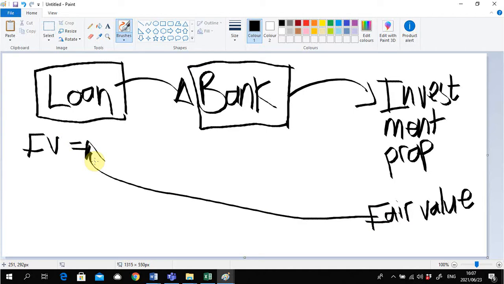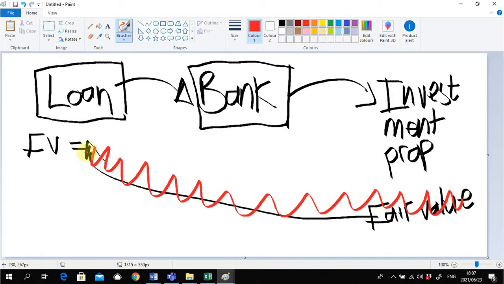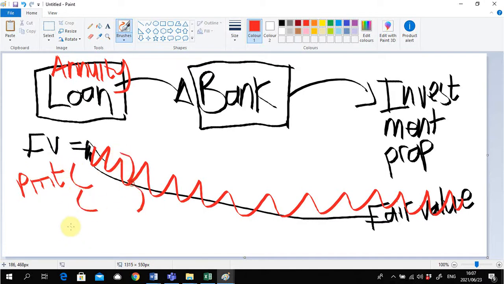This cannot be right, ladies and gents, because if I have a loan and I'm making payments, this loan is getting lesser and lesser. Let's suppose that this is an annuity. If I have an annuity, I'm going to make a payment and the payment will cover the capital and the interest. And each time I make a payment, I will have lesser debt.